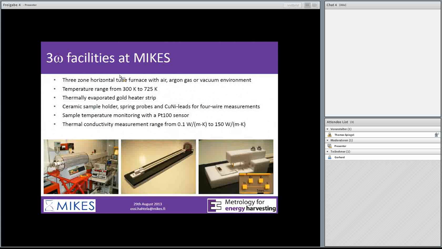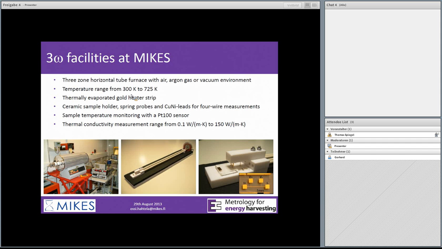Here's a list of properties of the 3 omega facilities that are used at MIGES at the moment. We do measurements in a horizontal tube furnace, in air, argon gas, or vacuum environment. Temperature range is from 300 Kelvin to 725 Kelvin at the moment.